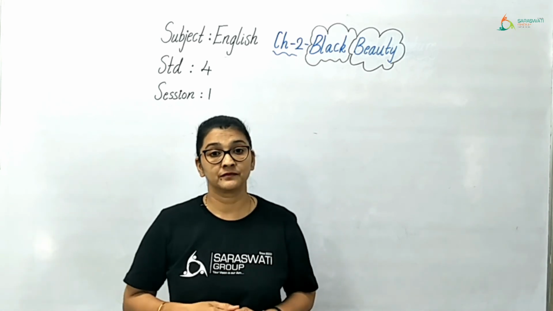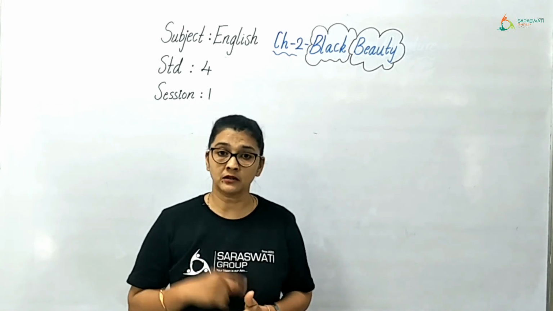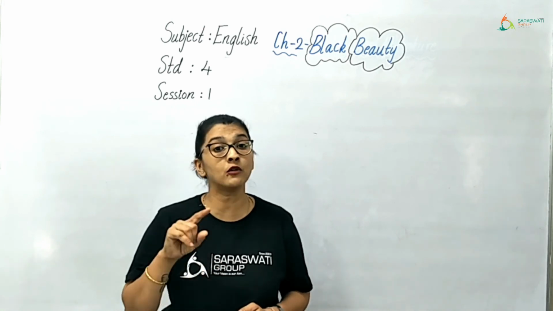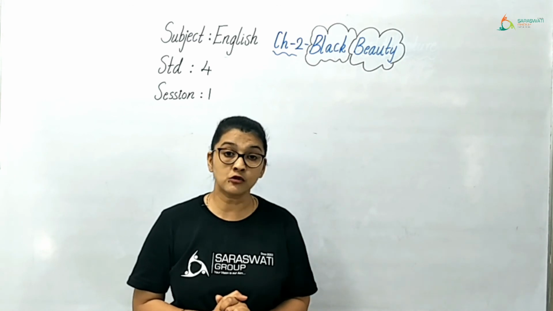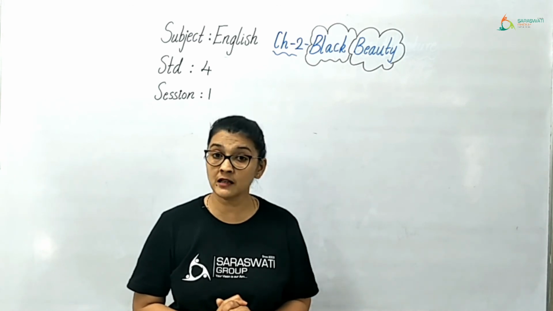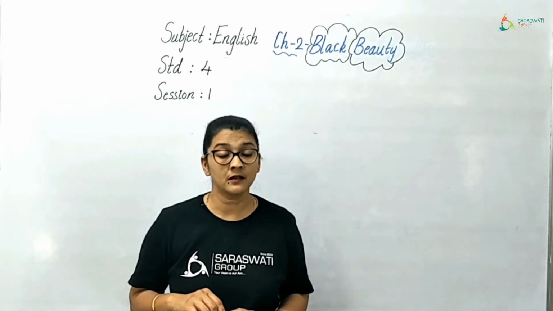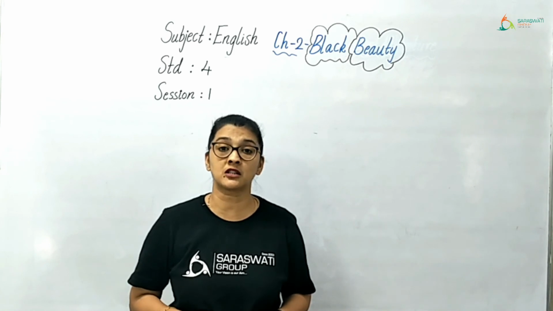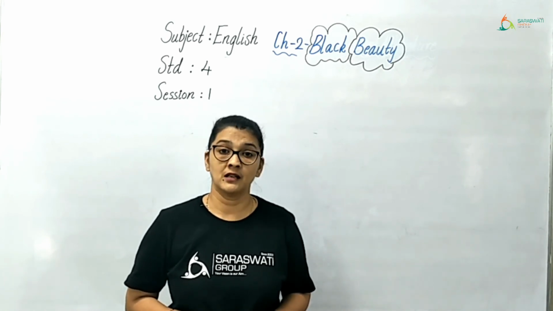Match them with the correct words. But this time I want all of you to do it on your own without the help of anybody. For that you will need to revise. So revise this. Go through the chapter. Try to read the chapter. And read the vocabulary, meanings are already given in the chapter itself. And do the worksheet.